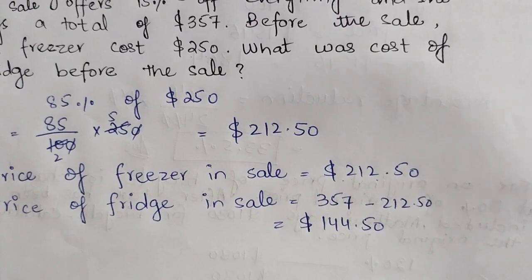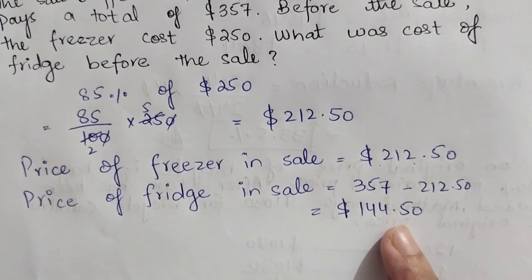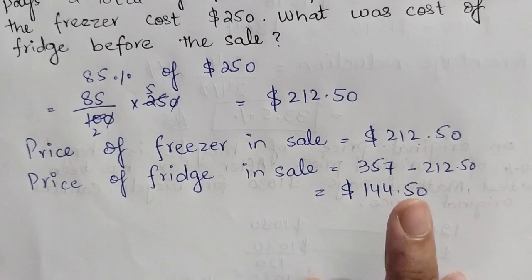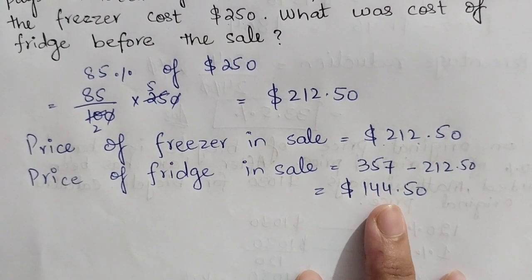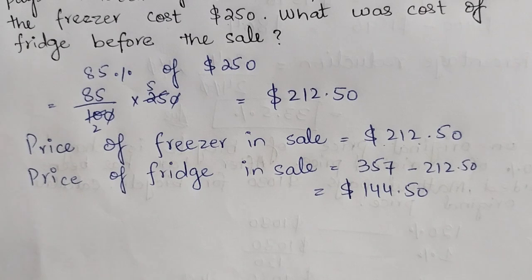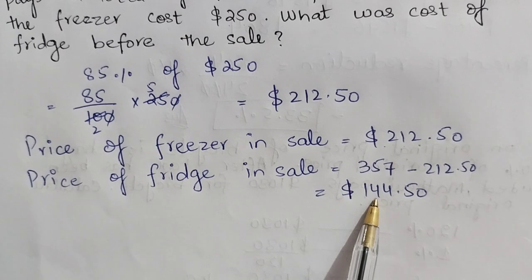Next thing which we know is this amount, it is in sale, so it is the 85% of the original price of the fridge before the sale. So what we have to do, we have to find the actual price before the sale.